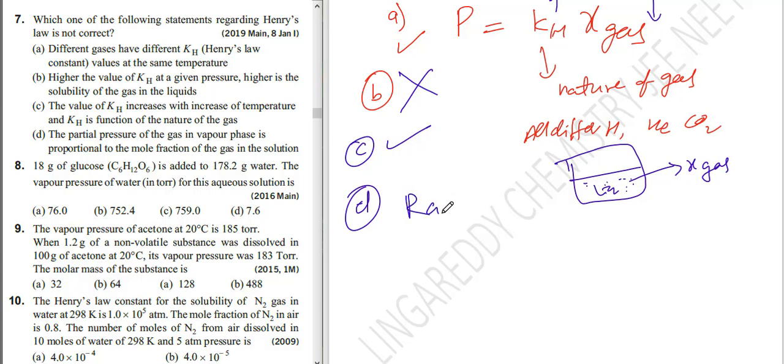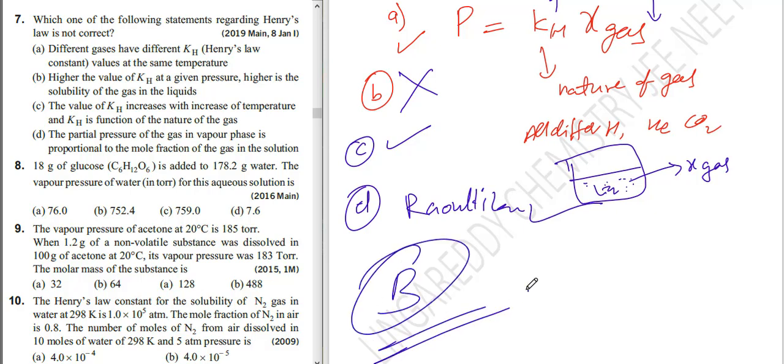Yes, that is Raoult's law, so that is also true. So statement B is wrong, and the question asks for the wrong option. So the answer is B. Remaining questions we will discuss in the next video.